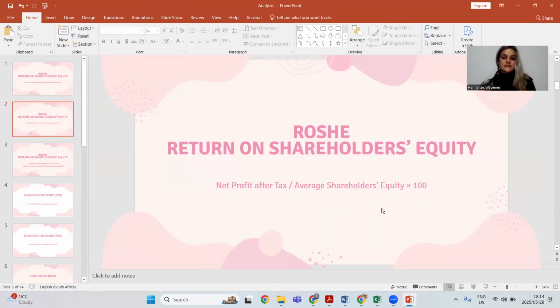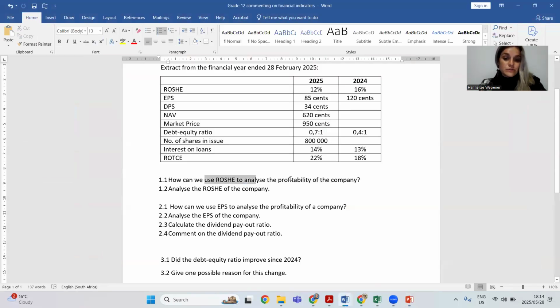So in other words, the capital provided by the shareholders alone, are we able to use that capital to generate profits? Okay, so that is how it helps us. Or how we use it is we are going to see if we are generating profits using that capital.